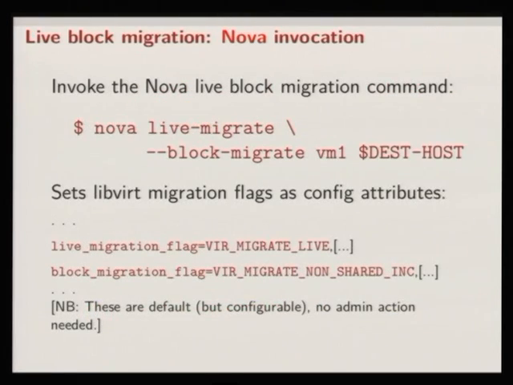When you want to perform a live block migration from Nova, you just say nova live-migration followed by the block migrate flag, and you specify the instance name and the destination. Once you do that, there are a bunch of flags that Nova sets to configure the block migration, and it performs it. By the way, as a small digression, these flags will now be deprecated in Nova, but it will retain the functionality, because it's confusing for users and operators to set up all these flags.